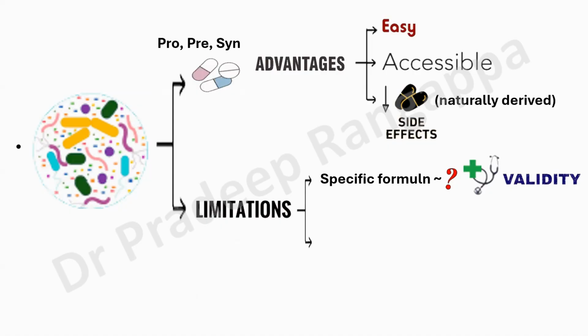If you look on Amazon, you'll find a lot of prebiotic fibers available. We do not know whether any specific formula has to be calibrated to the specific disease condition of the patients. And overusage may also lead to problems, because these are live organisms. When you give probiotics, if someone is immunocompromised, this may itself put them at risk of developing infection. So these are some of the limitations.